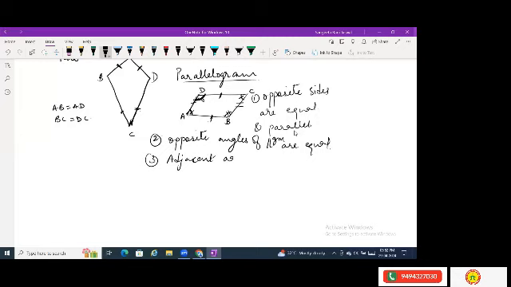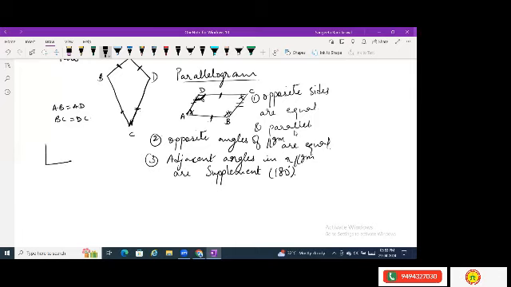Okay, so you can say the adjacent angles are supplementary. What do you mean by supplementary? When you add these two angles, their sum will be 180 degrees. Okay, so adjacent angles in a parallelogram are supplementary. Supplementary means 180 degrees. Their sum will be 180 degrees. What is complementary? 90 degrees.